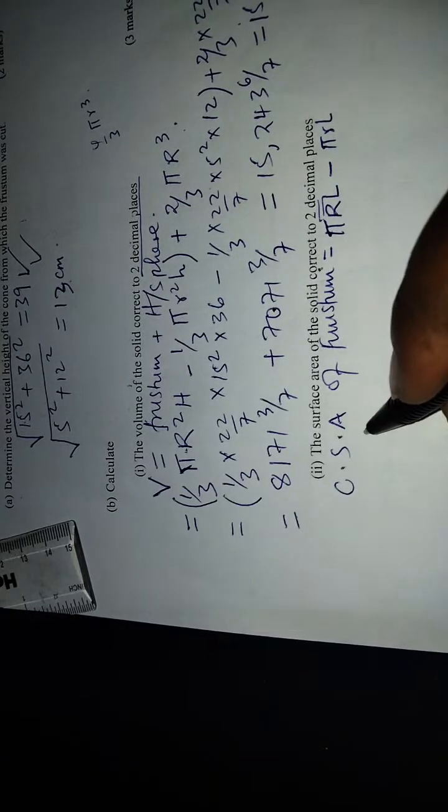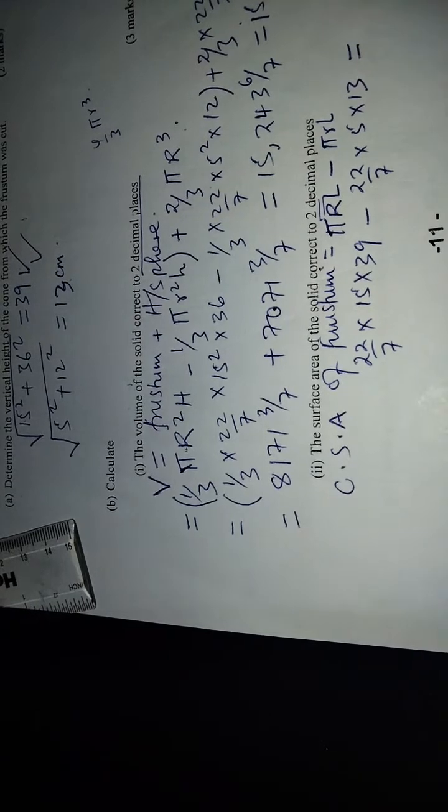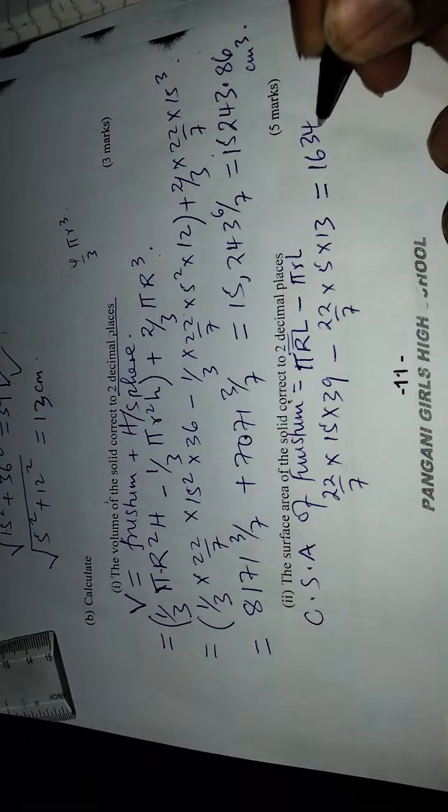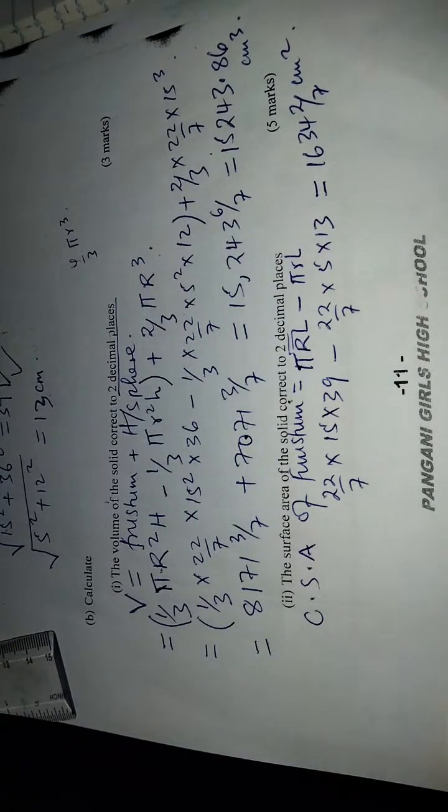So when I substitute, I'm going to have pi times R, which is 15, times L of 39, minus pi times R of 5, times L of 13. And when we compute, the curved surface of the frustum will be 1634 and 2/7 square centimeters.